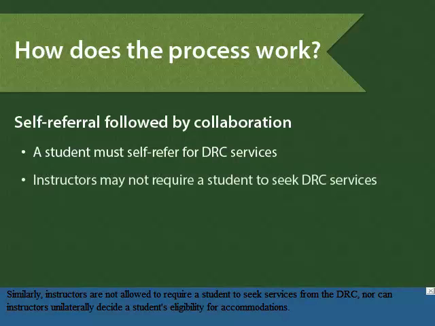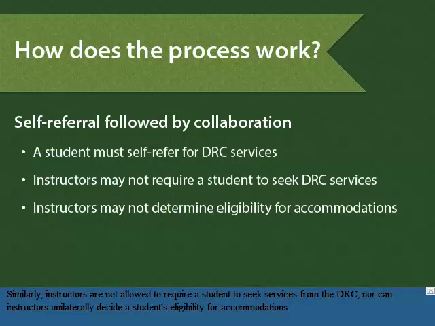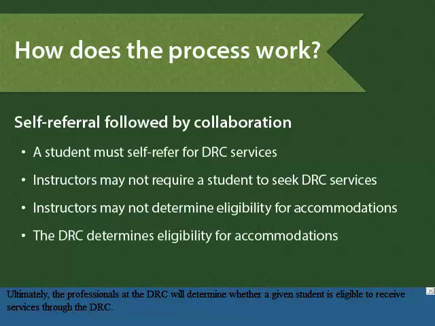Similarly, instructors are not allowed to require a student to seek services from the DRC, nor can instructors unilaterally decide a student's eligibility for accommodations. Ultimately, the professionals at the DRC will determine whether a given student is eligible to receive services through the DRC.